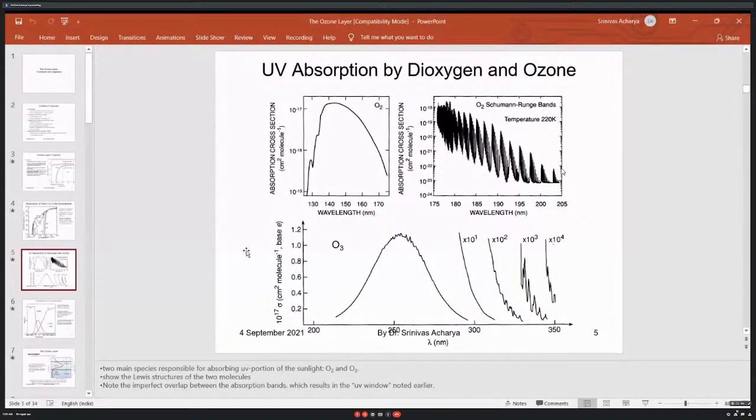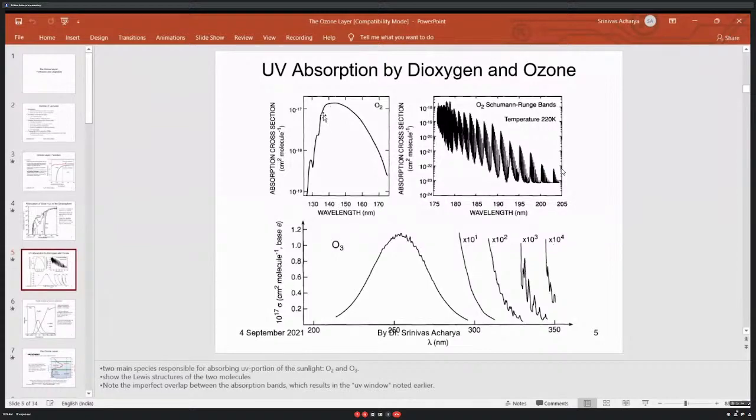UV absorbed by dioxygen and ozone. Here we are discussing the efficiency of dioxygen and ozone, how they absorb the UV. If you see here, the absorption cross section of molecular oxygen, it will absorb at 140 nanometers to 150 nanometers.